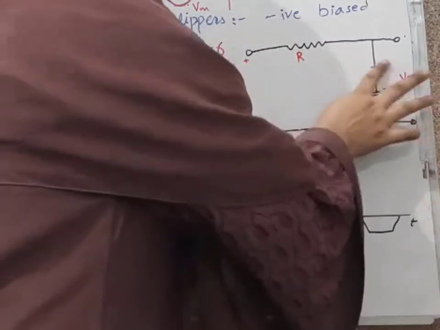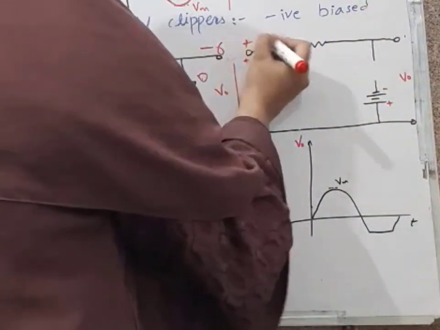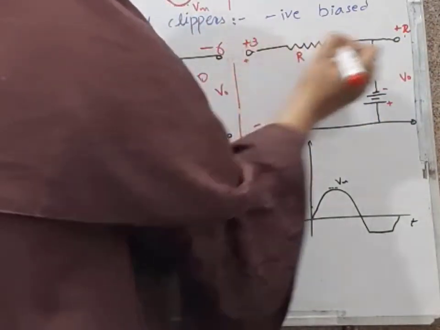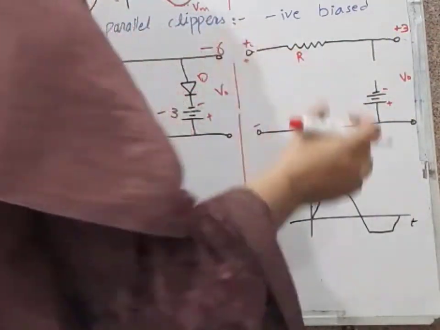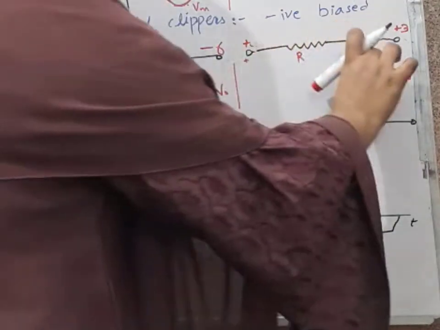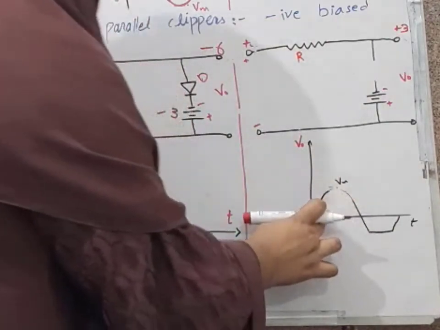So our diode will be open here. We will get the same output waveform. When there is +1, output will be +1. When there is +2, output will be +2. When there is +3, output will be +3. When there is +5, +6, output will be +5, +6. So it means when there is open circuit, we will get the same output as the input.